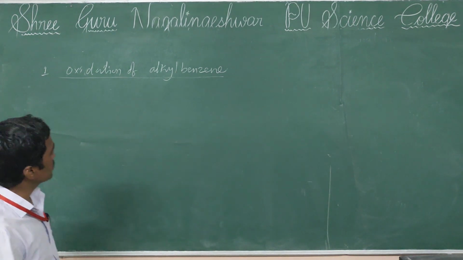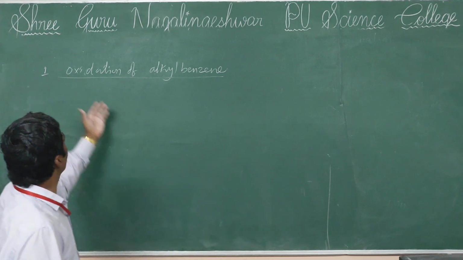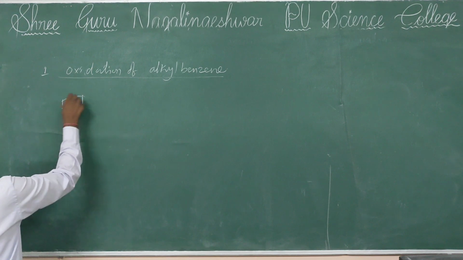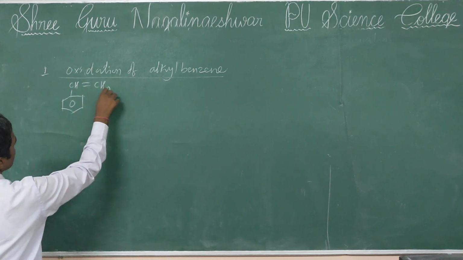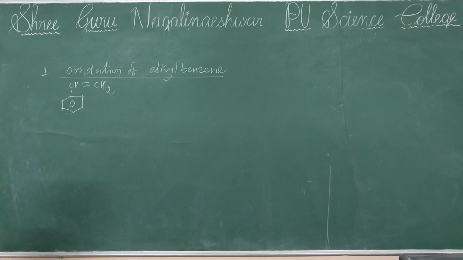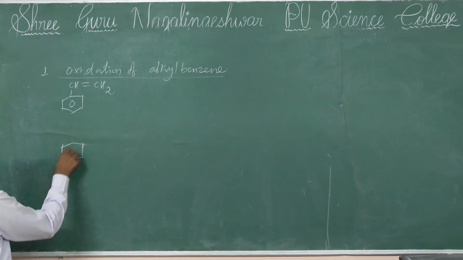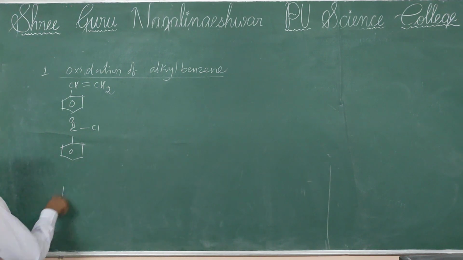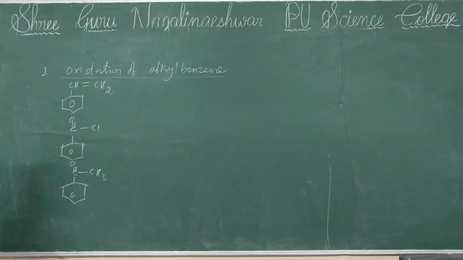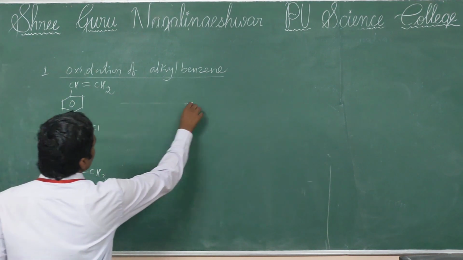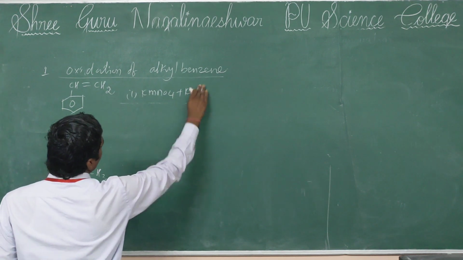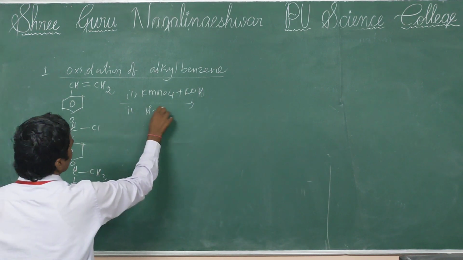Some other compounds, not alkyl benzenes, also undergo this. For example, styrene, which is benzene with CH=CH2, benzoyl chloride, and acetophenone. All of these react with the same reagent: first KMnO4 plus KOH, followed by hydrolysis.